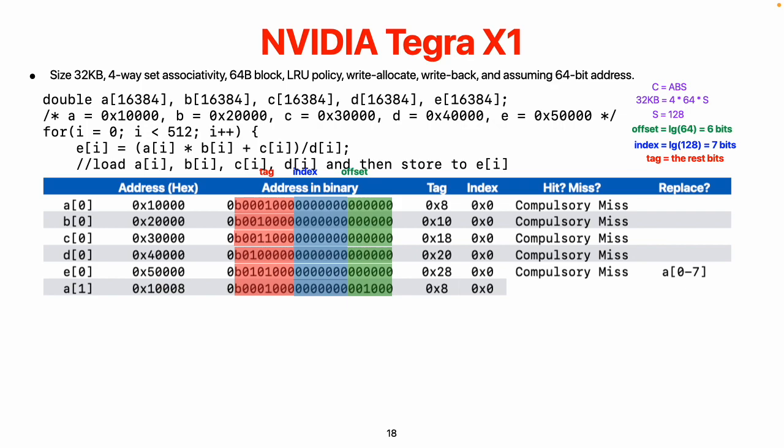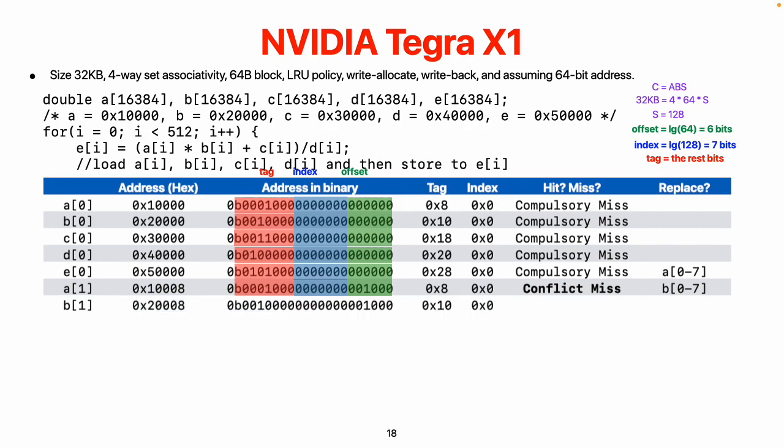And why is it not a compulsory miss? Because the same block was there before. It got kicked out. So that's why it's a conflict miss, but not a compulsory miss. It's a conflict miss, but not a capacity miss. How about this one?